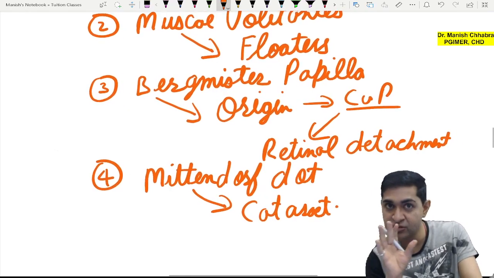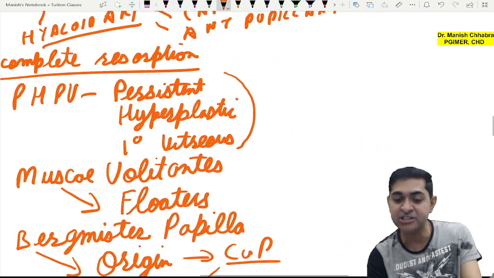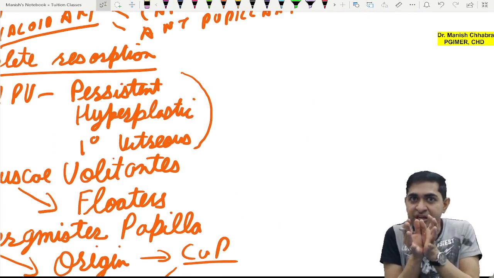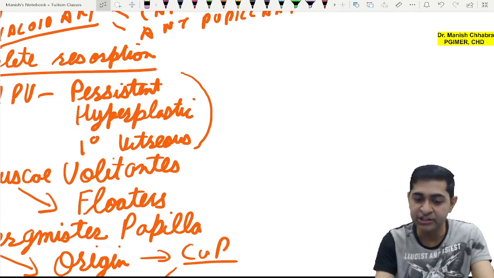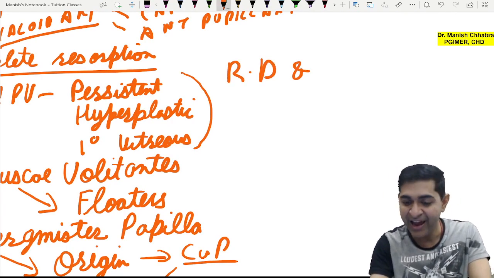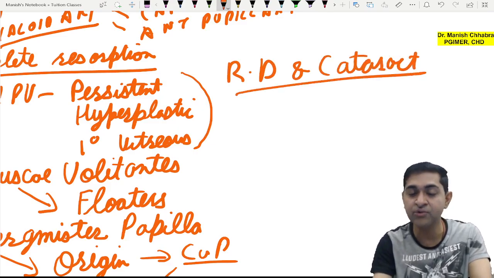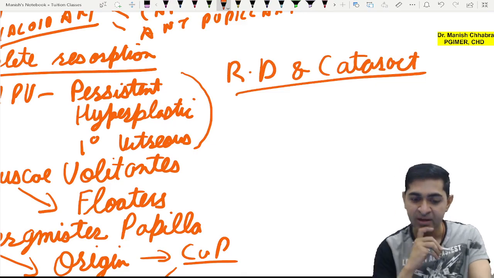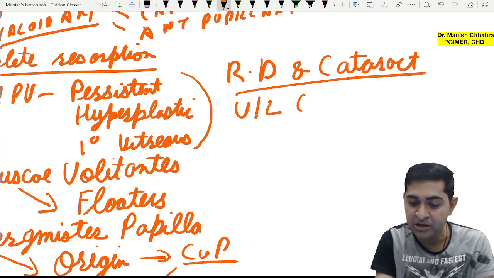But now since you have understood this, PHPV is complete persistence. That means it is at the rising point and it is also at the inserting point, so it can lead to both retinal detachment and cataract. RD is the word which is used for retinal detachment, and usually this is a unilateral condition.